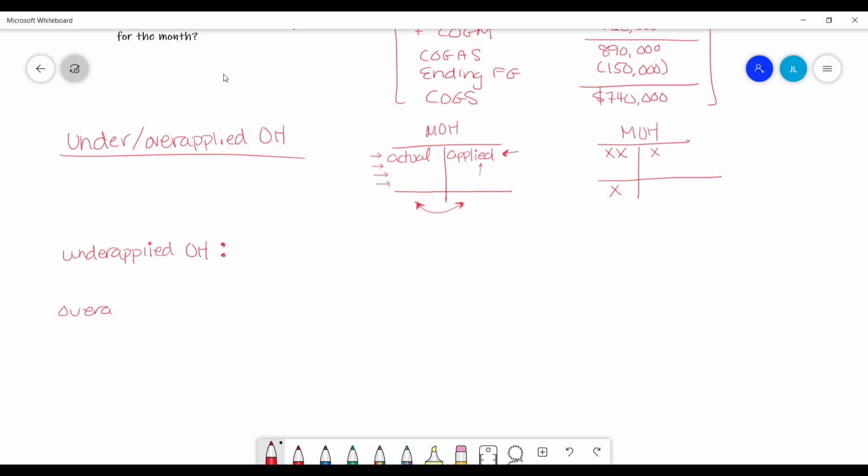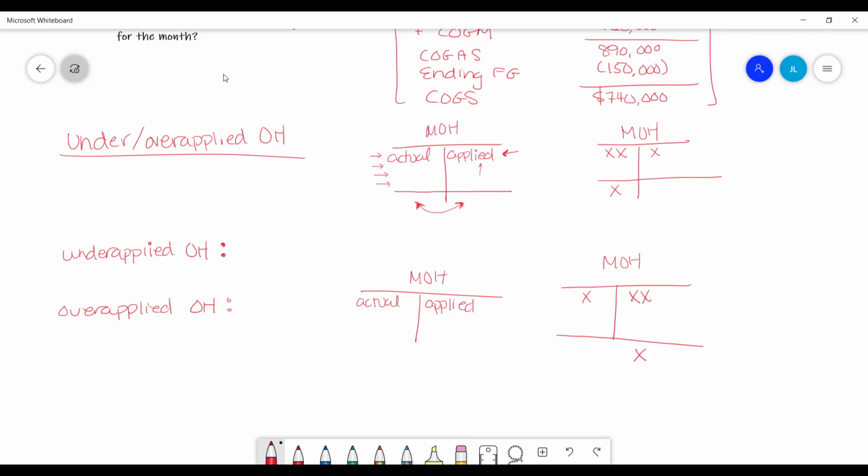But then what about overapplied overhead? That must mean the opposite, right? Well, if overhead's overapplied, remember the left-hand side is the actual, the debit side is the actual side, and the credit or right side is the applied side. If we overapply overhead, where is the balance going to lie? Well, that means you applied more overhead than what you actually incurred. Where will that balance lie then?